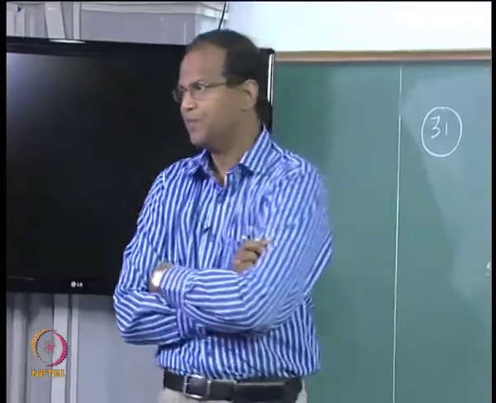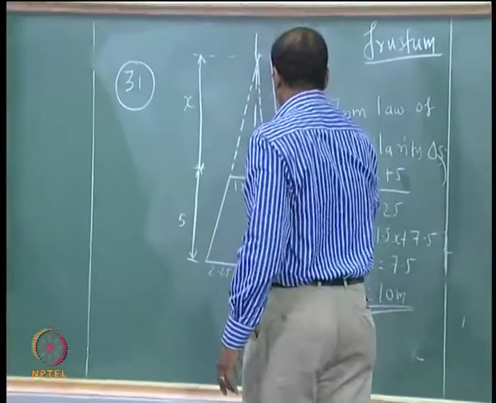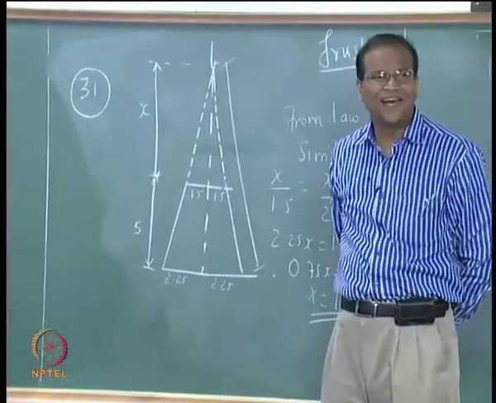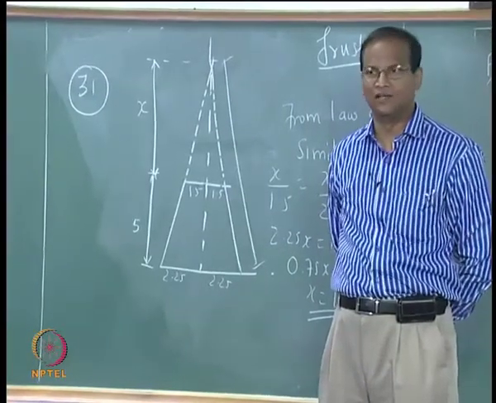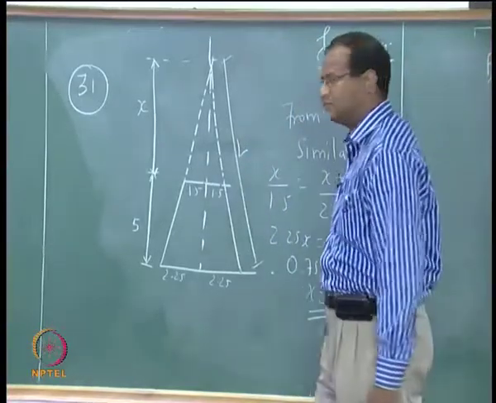Now, the surface area of the cone is pi r L, where L is the slant length. So you have to find out the slant length now.